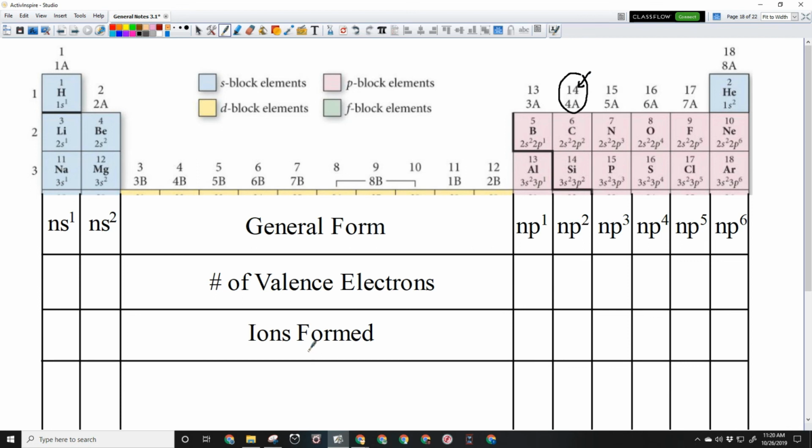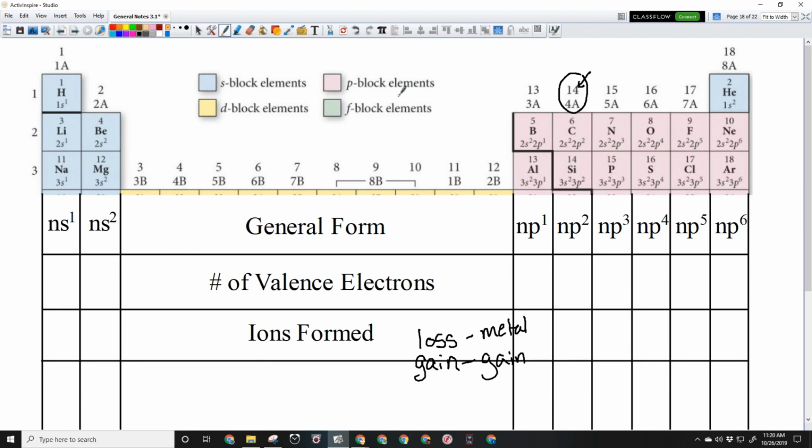Now, as far as the ions that form, remember an ion is any element that loses or gains electrons. Okay, the general rule is that all metals, and this stair step here divides the metals and nonmetals, all metals lose electrons and all nonmetals gain electrons.